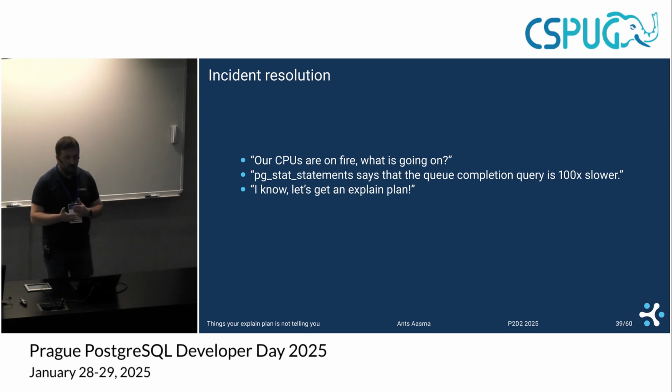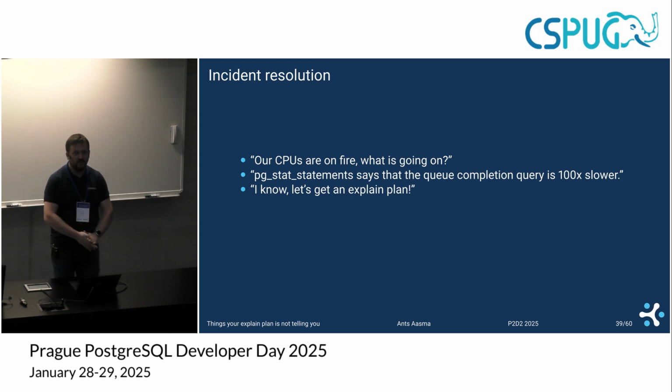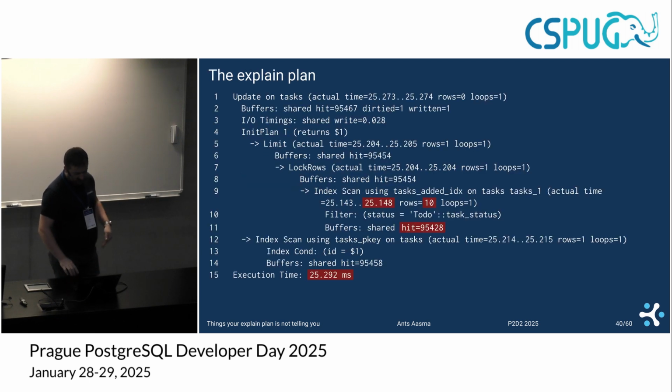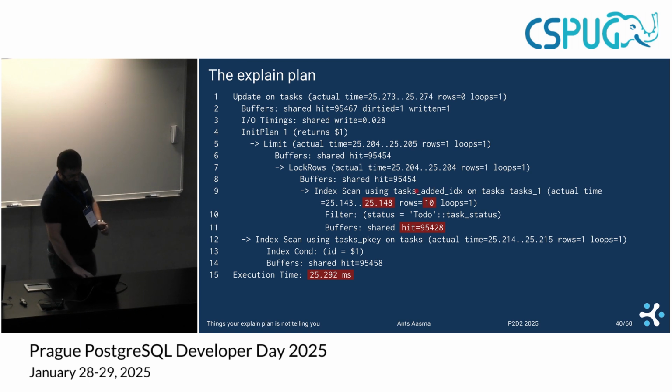And somebody goes and checks pg_stat_statements, sees that, okay, we have this task completion query, and this is now 100 times slower. Okay, let's get an explain plan, see what's going wrong. So let's see, how does the explain plan show us this problem here? We have the explain plan here.